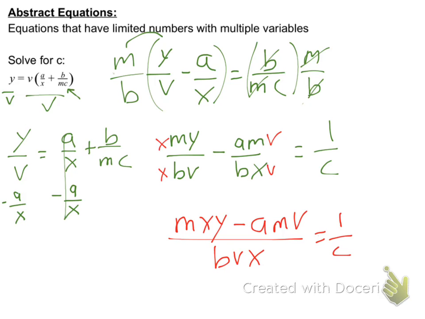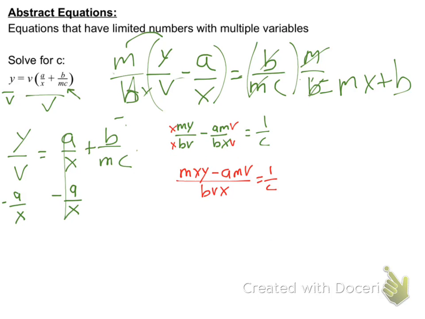So if I cross multiplied, I'm going to run out of room here. Let me shrink this up. Okay, so we have this. Now I can cross multiply. We hopefully would see this would be C times mxy minus amv, right? Equals X would be, bvx, whatever, multiplying corners together.